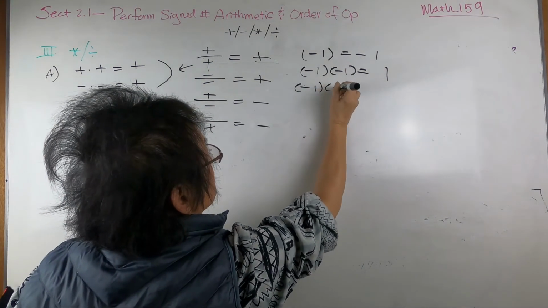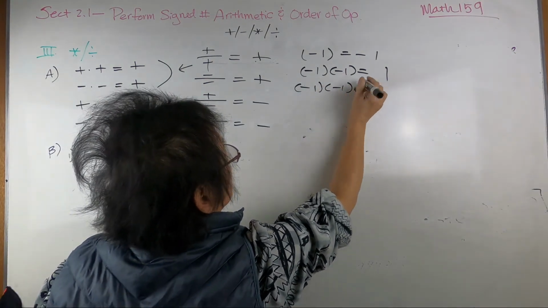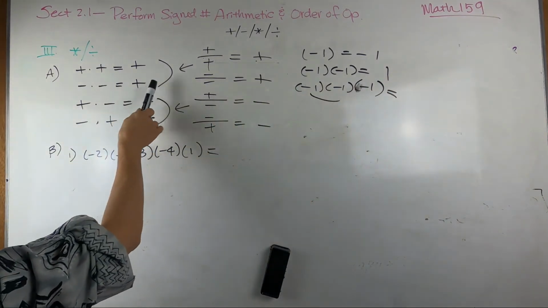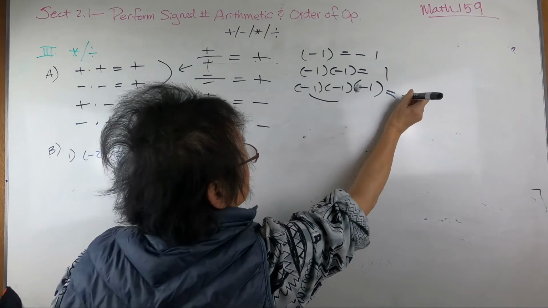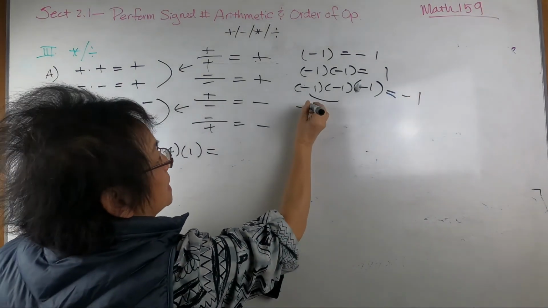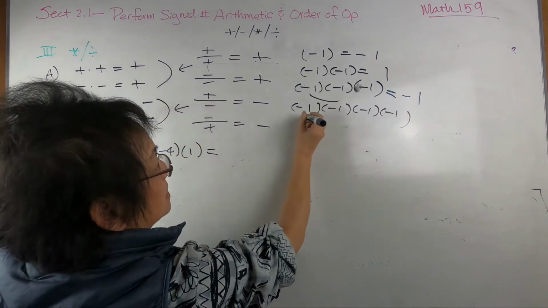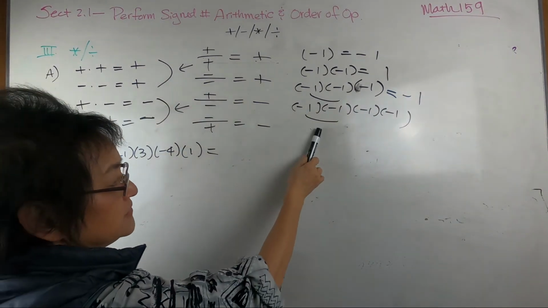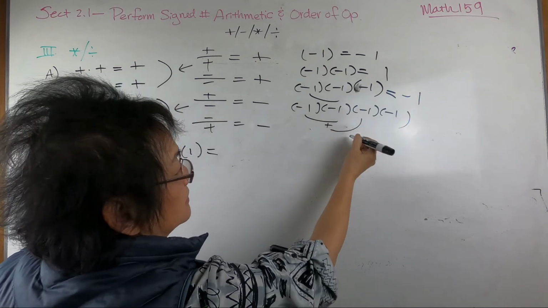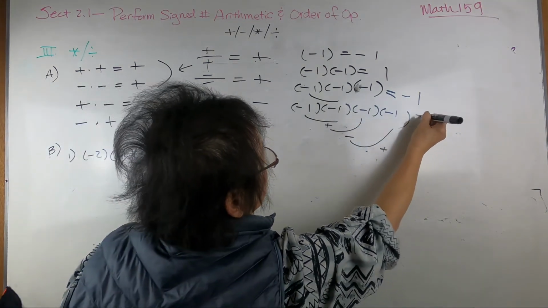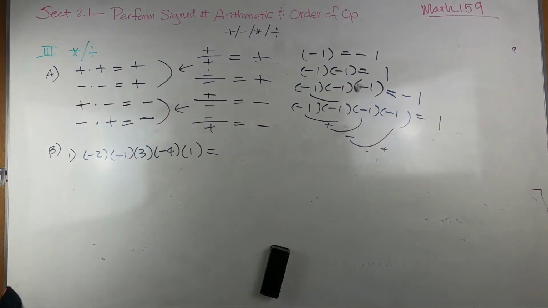If times 3 times, negative times negative is positive. Positive times negative is what? Negative. If 4 times, negative times negative is positive, then positive times negative is negative. Negative times negative is what? Positive. Turns out it's +1.